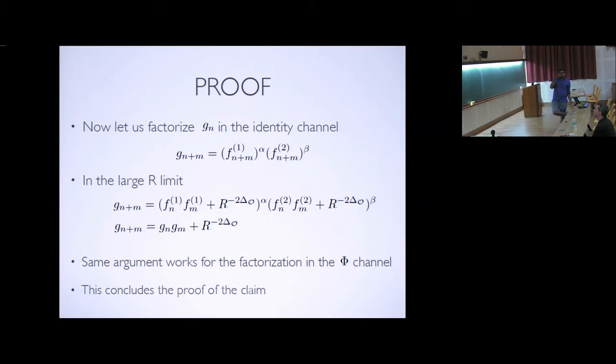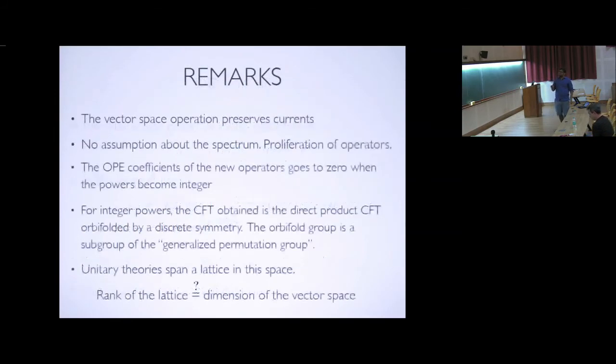When it is an integer, it stops there. But not always. At some point, you will start getting negative coefficients, and those will be the negative norm operators. So you can think of them as some sort of null operators, which, when alpha is integer, go away. Their OPE coefficient becomes 0. So that's roughly the structure of the spectrum, where you have many operators, and they go away when alpha becomes an integer.